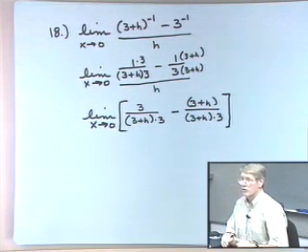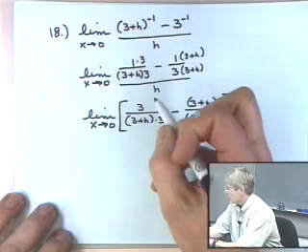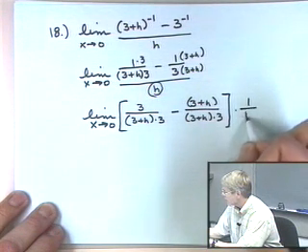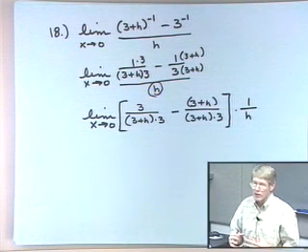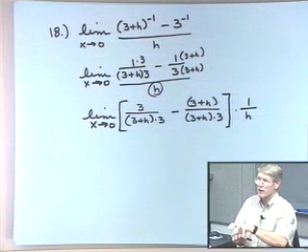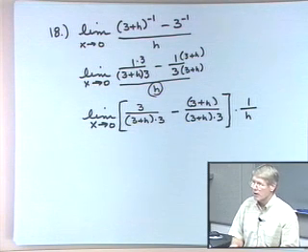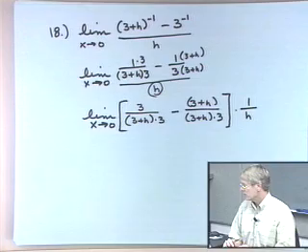And the purpose was to get a common denominator so we can combine these two fractions. Now, we've also got division by h. Can I also accomplish that by multiplication by 1 over h? Now, why would I do that? Well, you don't have to do that, but I don't like complex fractions if I can avoid them. Fractions within fractions. So to avoid the complex fractions, let's just multiply by the reciprocal of the denominator.